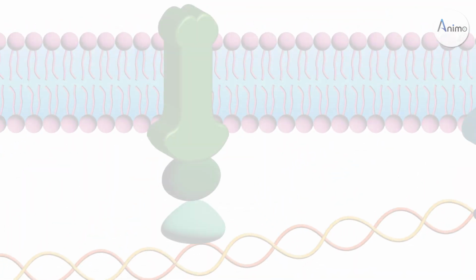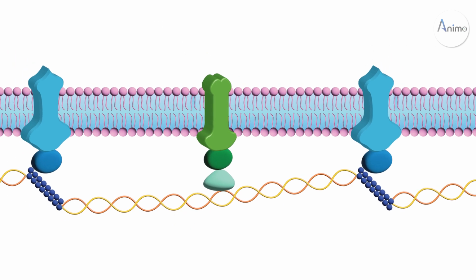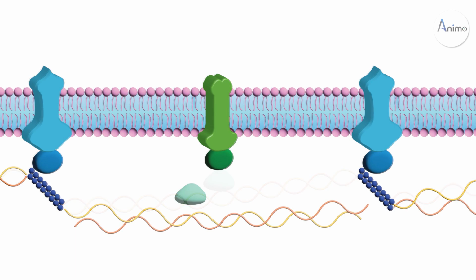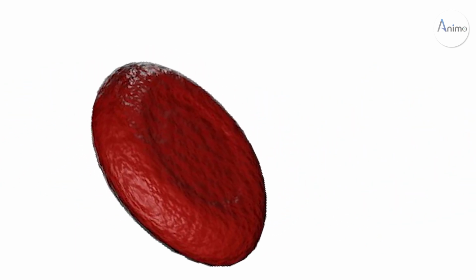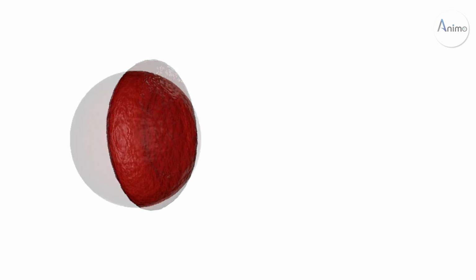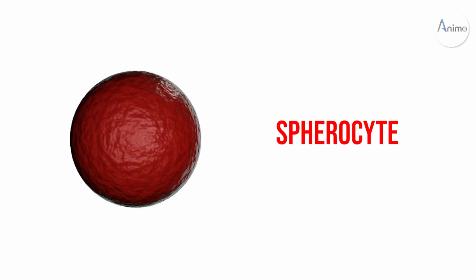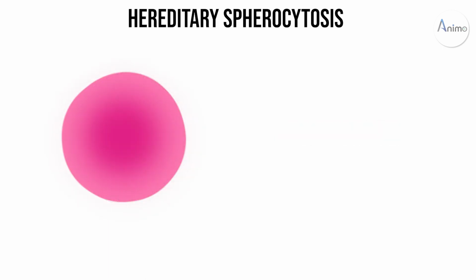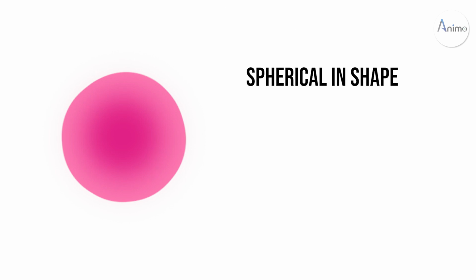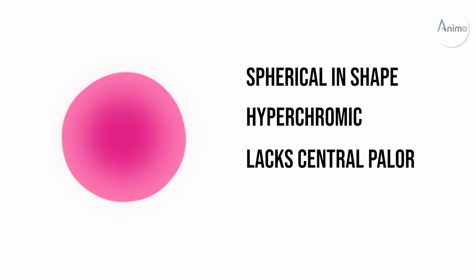But when there is a mutation in any of these proteins, especially ankyrin, it will result in a defective structure of this meshwork, which will cause the RBCs to lose their biconcave shape and form a round cell which we call a spherocyte. As it is occurring due to a genetic mutation, we call it hereditary spherocytosis. These RBCs are called spherocytes because they are spherical in shape, hyperchromic red cells, and lack the central zone of pallor.